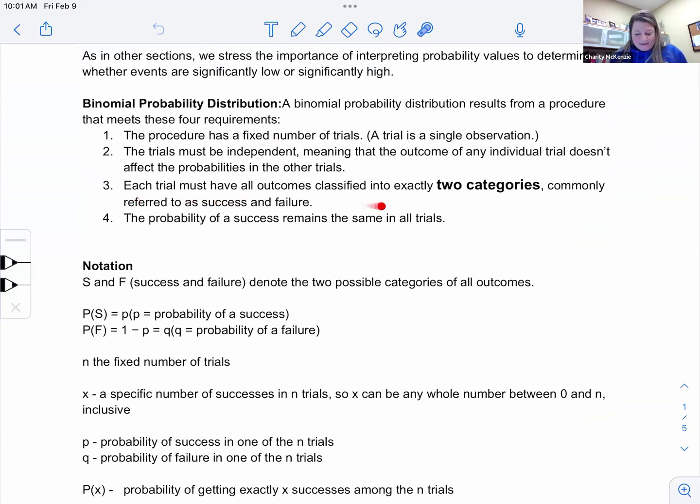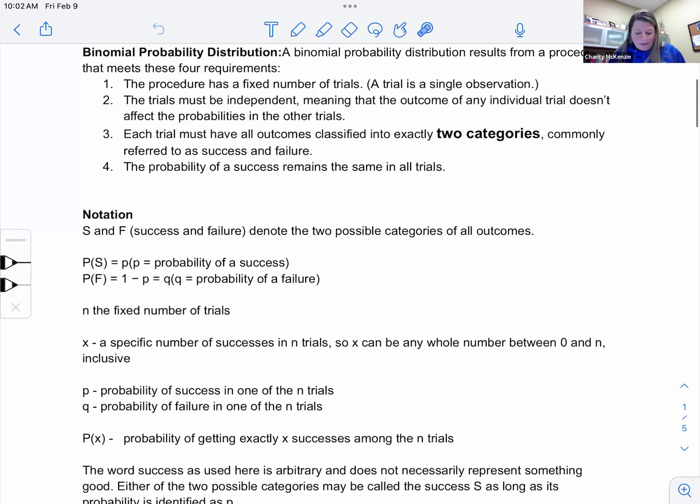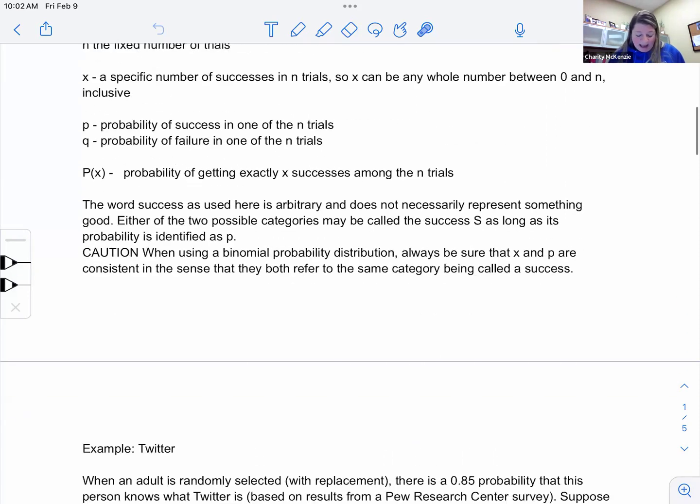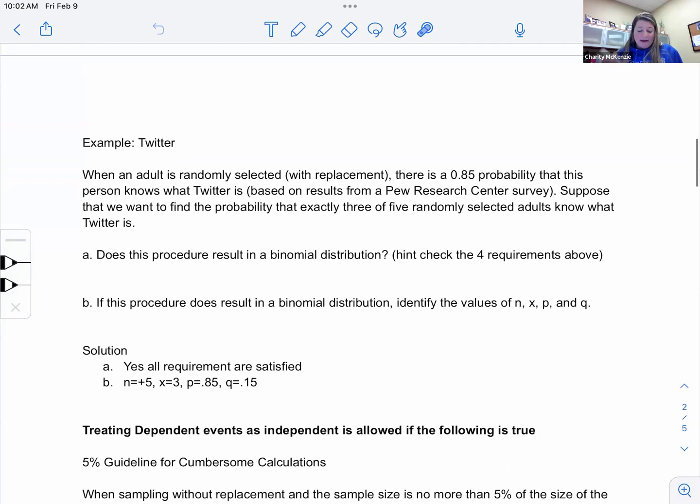Each trial must have outcomes in two categories. They either know what Twitter is or they don't, so yes, we're good there. And the probability remains the same. So yes, this is an example of a binomial distribution. We went through each of those.